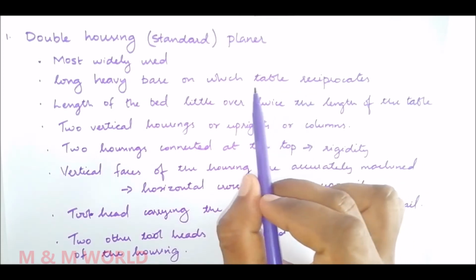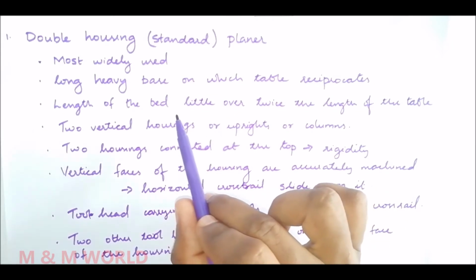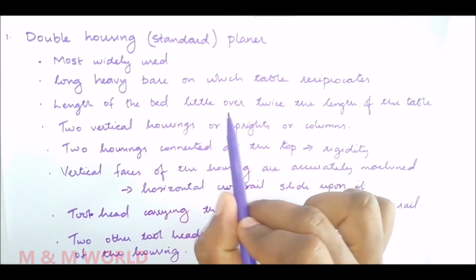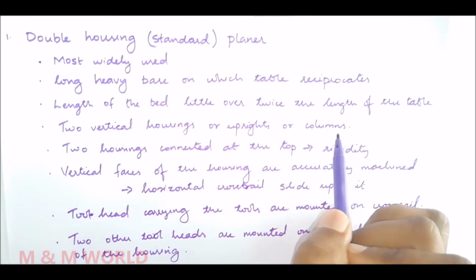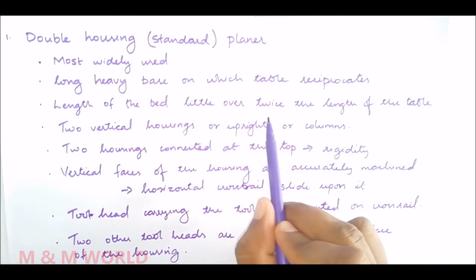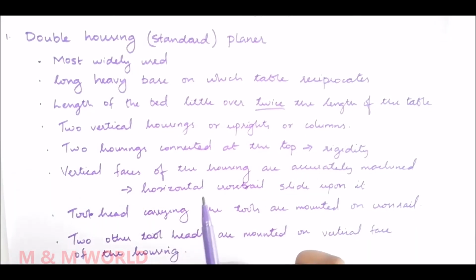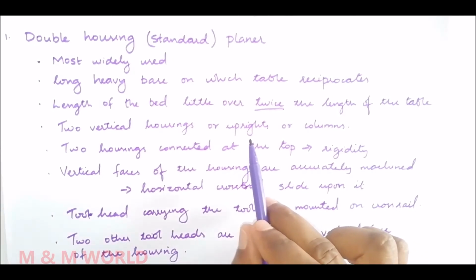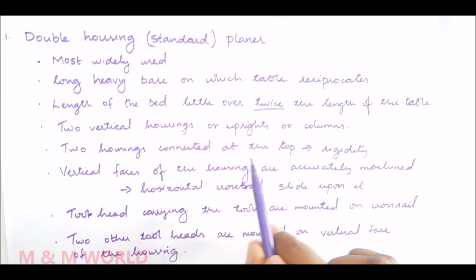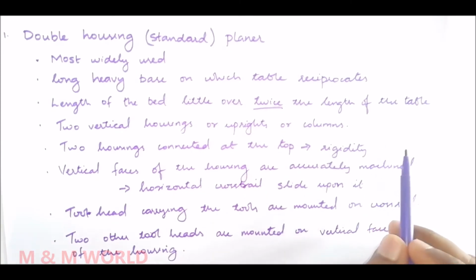The length of the bed is little over twice the length of the table. Here we have two vertical housings or columns or uprights, and the two housings are connected at the top for the rigidity of the machine.